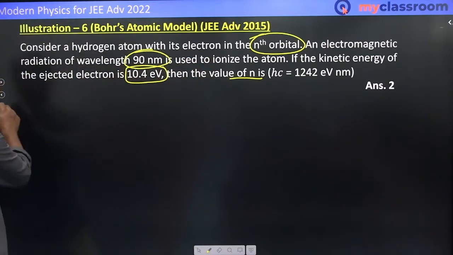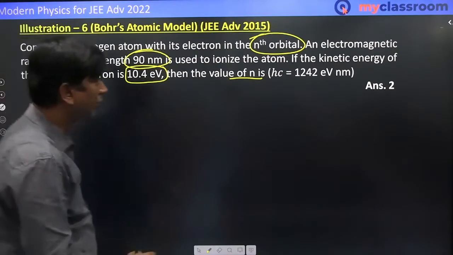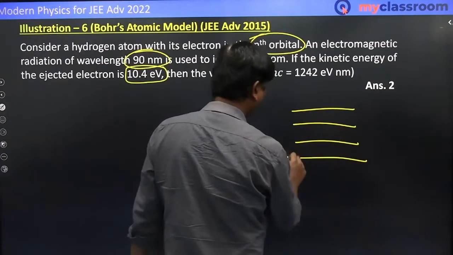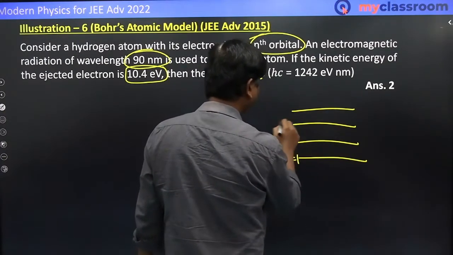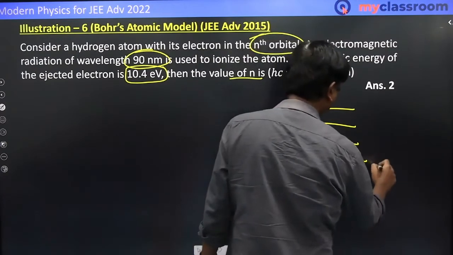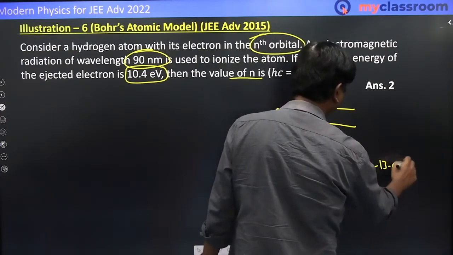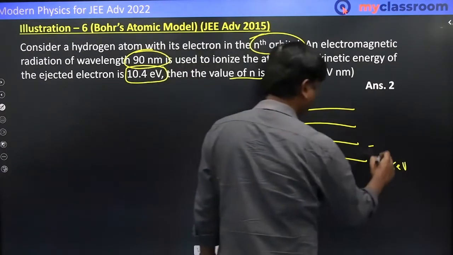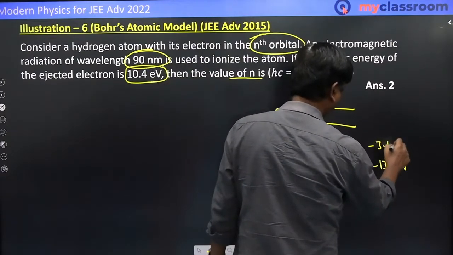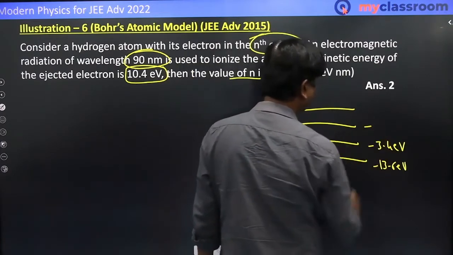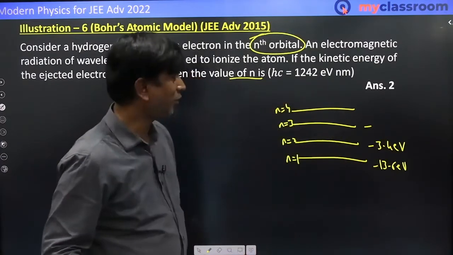See, first, in order to solve this, you should know clearly the energies for n equal to first, second, third, fourth. The ground state energy is minus 13.6 electron volts total energy, and this one is minus 3.4 electron volts. How do you get that?